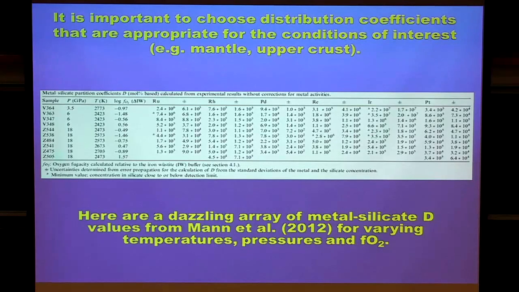Yes? Typically, the uncertainties here look like they're 10 to 40%, but sometimes they exceed the value of the distribution coefficient. What are you saying? Well, I'm asking for a comment. The uncertainties are quite large, right?